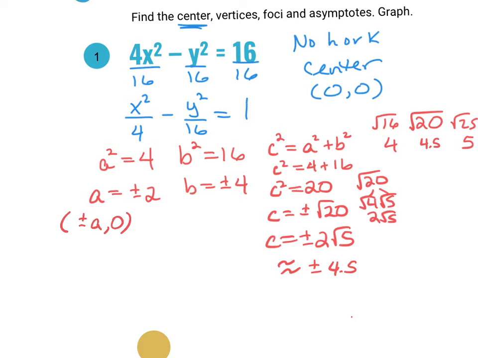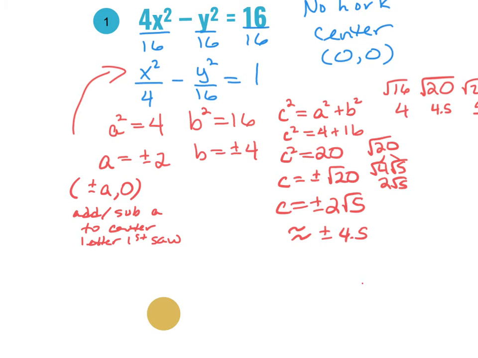So really what we're doing here, and this will apply when the center is not at the origin, you would be adding and subtracting the a to the center, and the letter you added to is the first one you saw. So in this case, first letter I saw was x squared, so that's why I added a to it. And my center was at 0, 0. So my 2 vertices are at -2, 0, and +2, 0. These are my vertices.